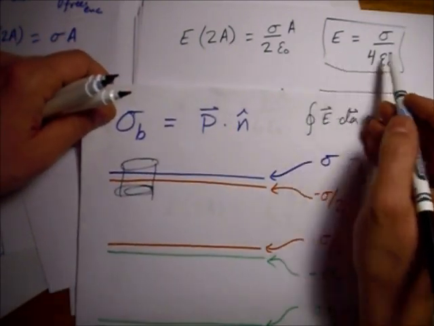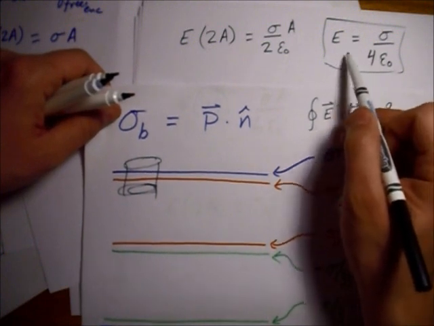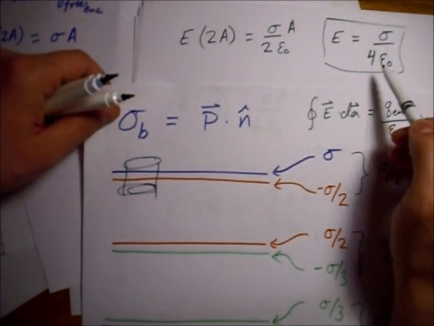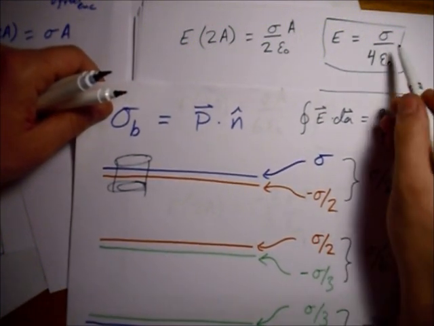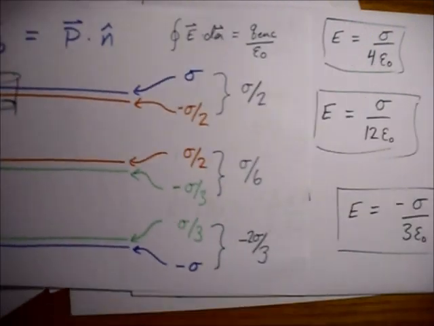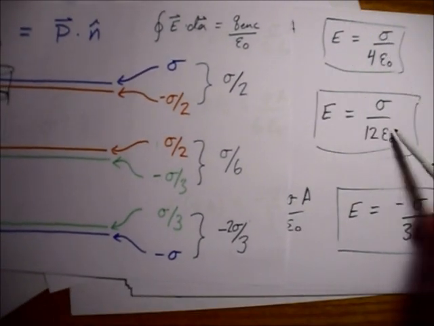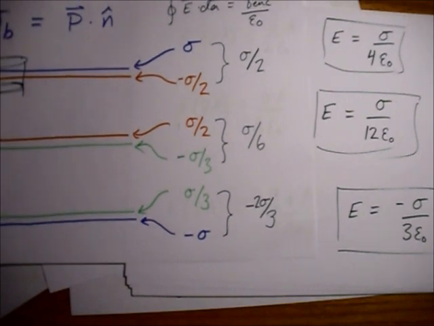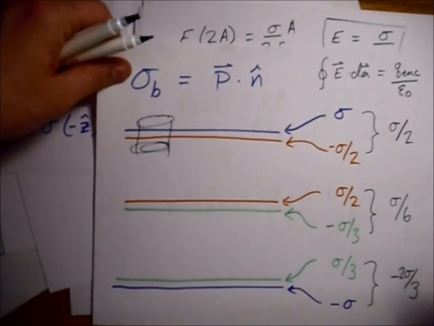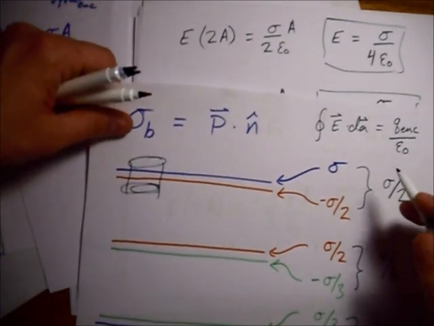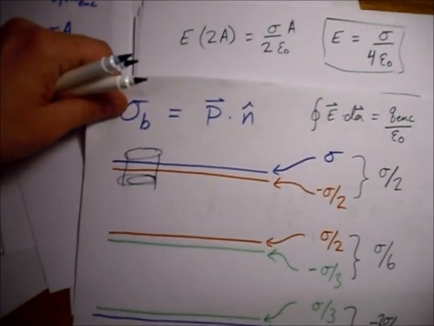Let's start here at the top. E equals sigma over 4 epsilon naught. Notice these all have a sigma over epsilon naught, so maybe we can not write that part. They'll all be multiplied by sigma over epsilon naught. We'll just add it in at the end.